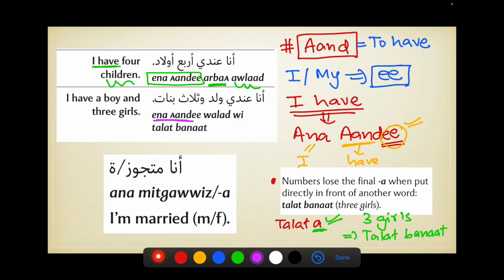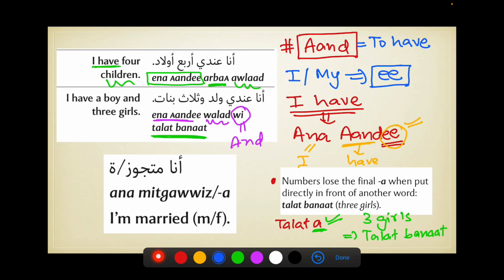For boy, I will use ولد, and و is for and. و is used as and. So أنا عندي ولد و. And 3 girls is ثلاث بنات. So أنا عندي ولد وثلاث بنات.